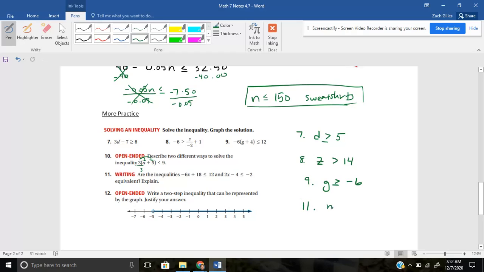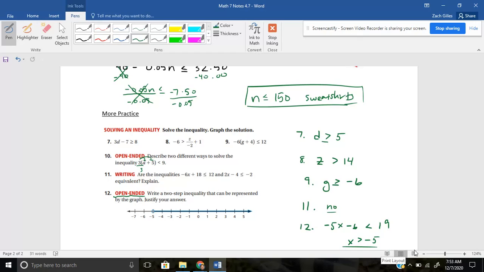No, they're not. They give you different answers. If you need me to show you, please come ask and I'll be glad to do so. And number 12 is open-ended, so there's actually quite a few different answers for this, but one would be negative 5x minus 6 is less than 19, because when you solve that, you'd get x is greater than negative 5.